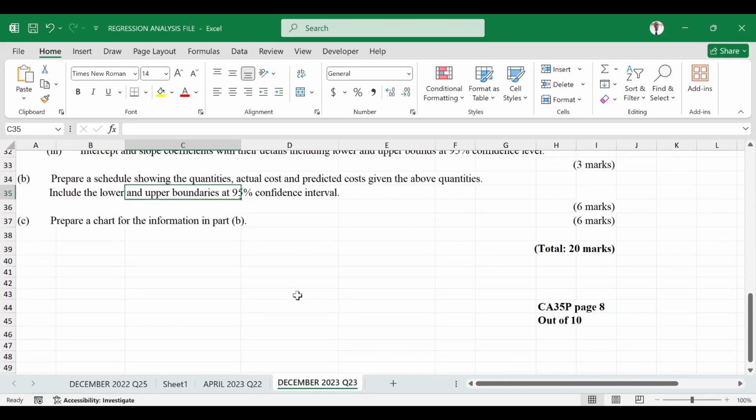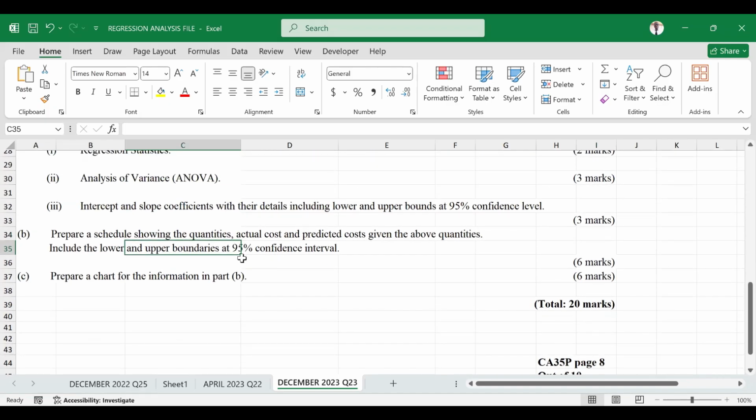Then now, using a chart to represent the information which is in B above, where you are having quantity, actual cost, and predicted cost. You just need to know, what are we doing? What is regression? Regression is about cost estimation. When you estimate your costs by running that regression analysis and you have your output where you have your intercept and the variables given there, you are able to come up with your new cost function.